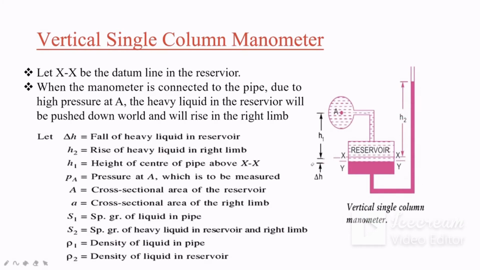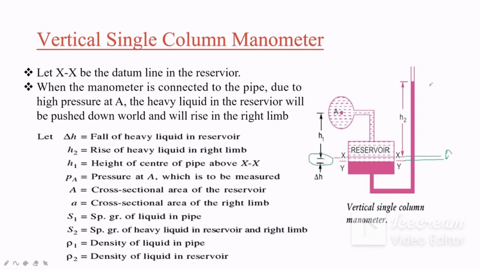This is delta H. At first the level was here. Now, whenever it is connected to A, the reservoir level came down; it is pushed this much. So this is delta H, the fall of heavy liquid in the reservoir.